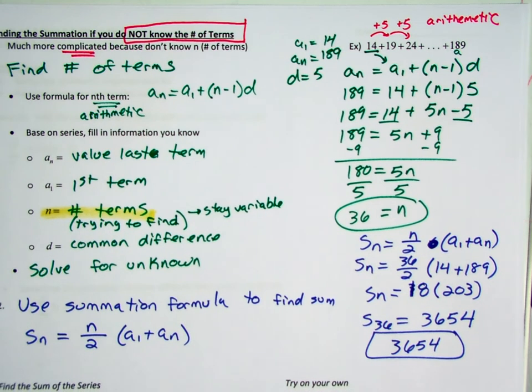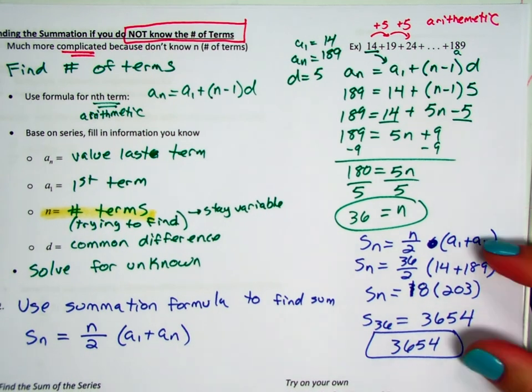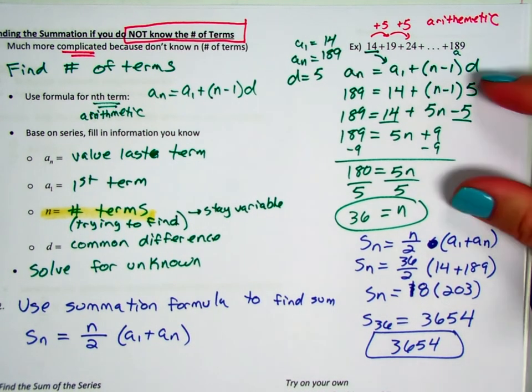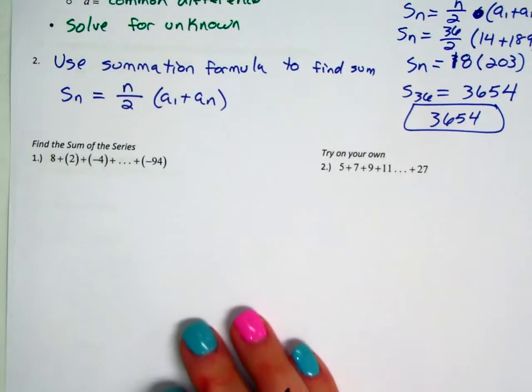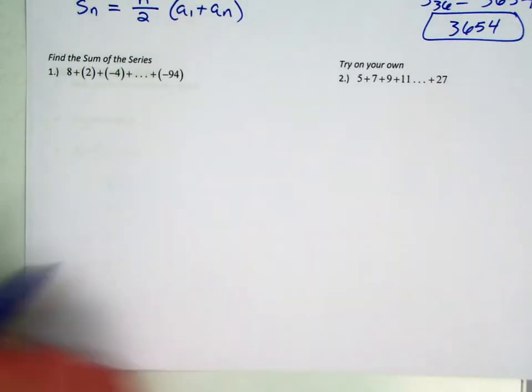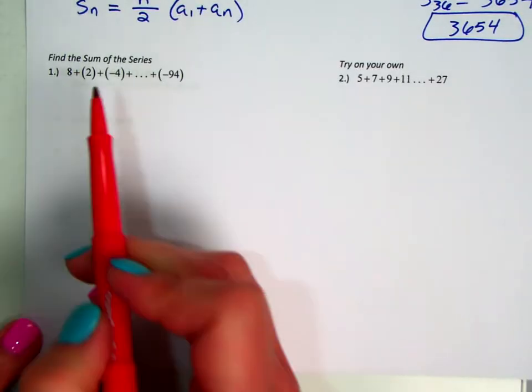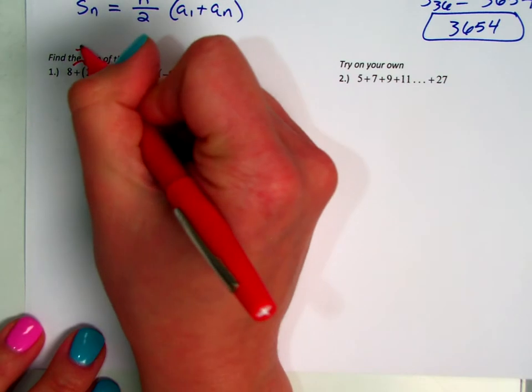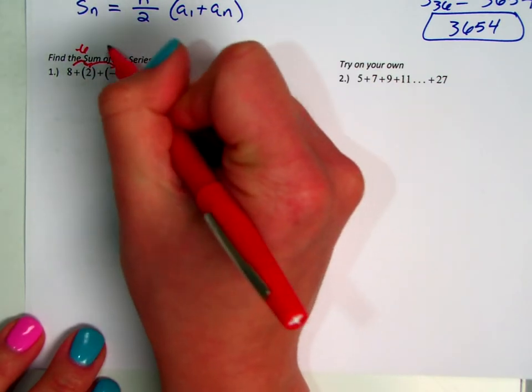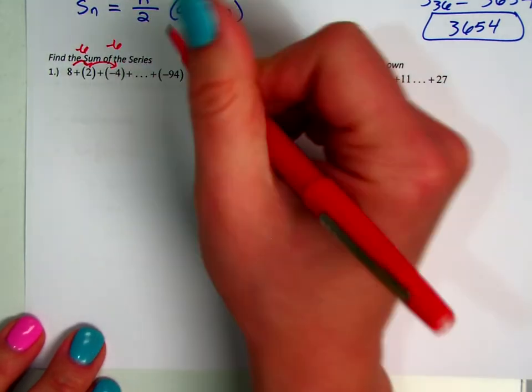All right, so this one, like I said, gets a little bit more complicated. We still have to do this last step here, but at the beginning you have to find your number of terms first. So let's do one more example together. So example 1, if I look at what's happening, 8 minus 6 would get me to 2. 2 minus 6 would get me to negative 4, so I know that it's arithmetic.